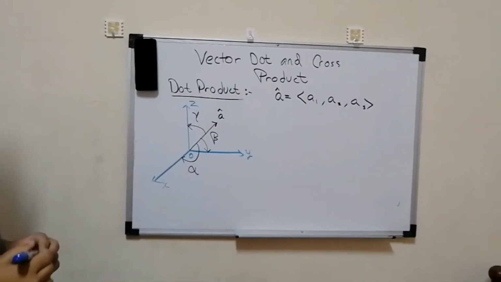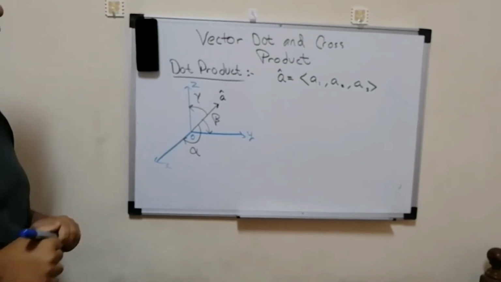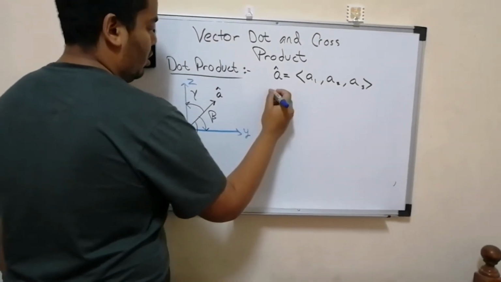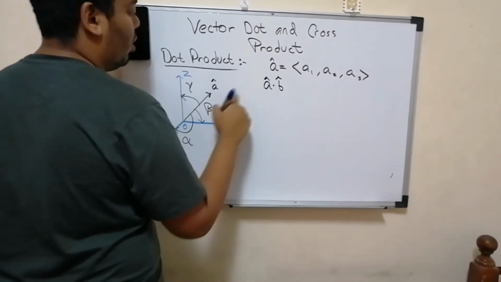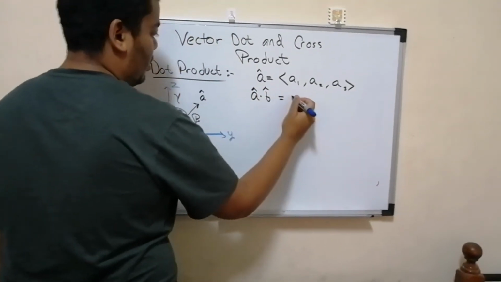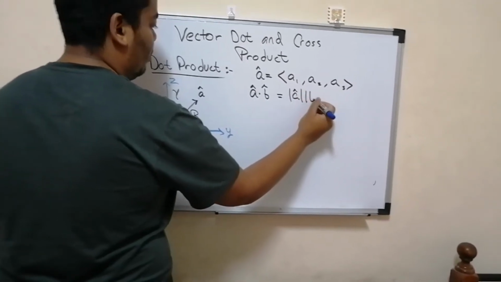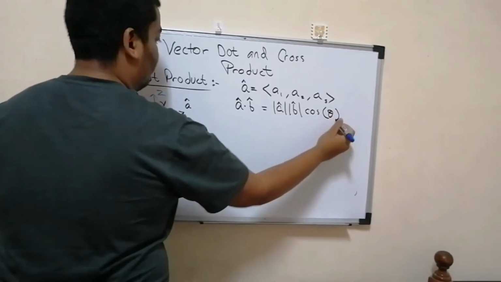Okay, so now we know what the dot product formula is. The dot product formula says that the dot product of vector A with B is the magnitude of A times the magnitude of B times the cosine of the angle between them.